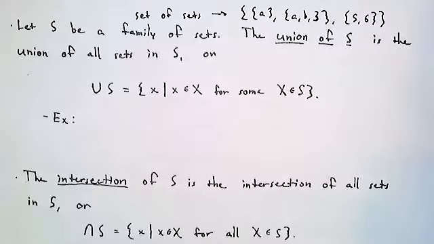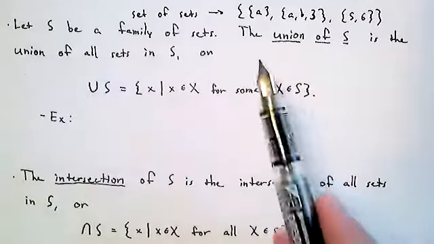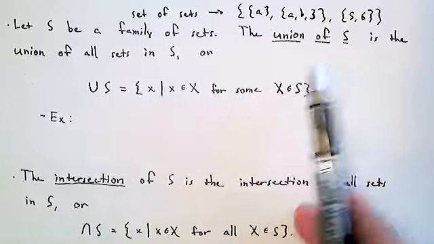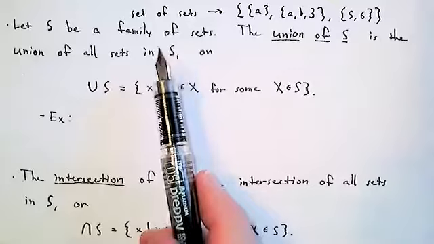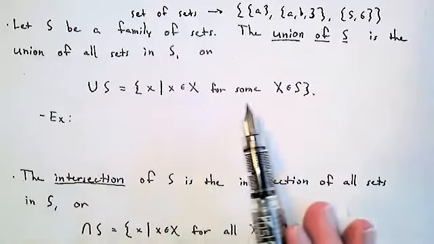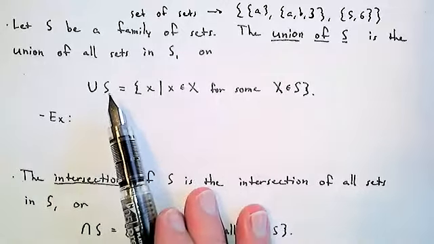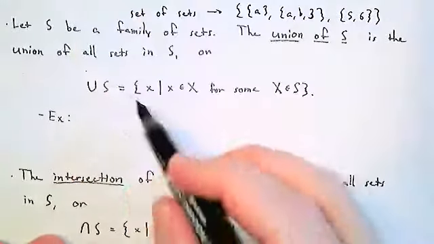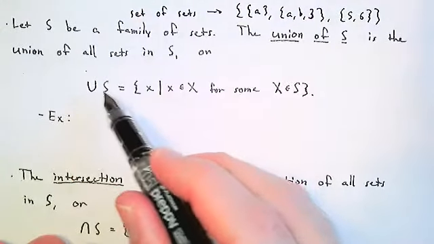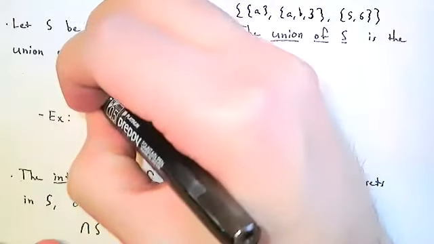Okay, so keeping that in mind, if I have a family of sets, the union of my family is simply the union of all the sets in the family. Okay. So in set builder notation, it would look something like this. The union of S, this is like a union symbol written to the left of my family.